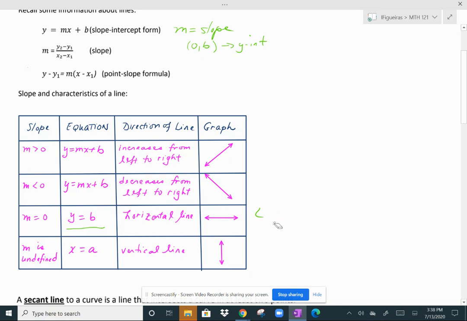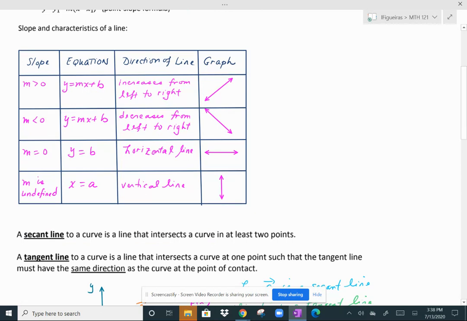And then finally, you have the scenario where your slope is undefined, and when your slope is undefined, it cannot be expressed in this slope-intercept form because slope basically does not exist. And so those lines are expressed in the format of x equals a, where a is a constant. The graph of it will be a vertical line. So vertical lines look like this. Okay, so the information in this chart is important for you to remember.